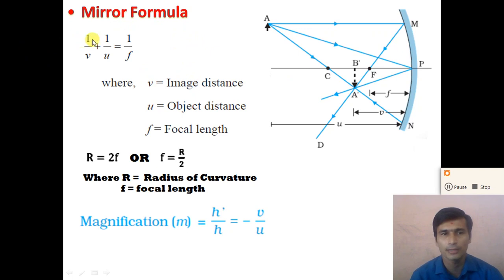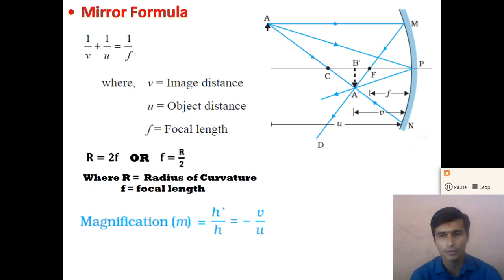The mirror formula is 1 by v plus 1 by u is equal to 1 by f, where v is equal to image distance, u is equal to object distance, and f is equal to focal length of the mirror, right? So for the examples, first thing is that you need to remember this mirror formula.